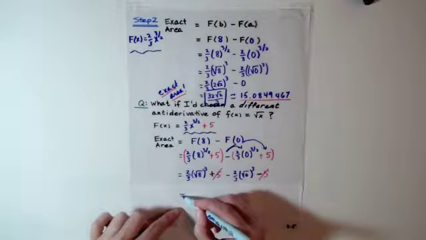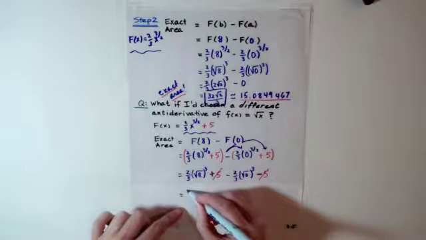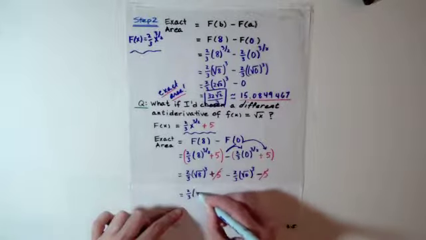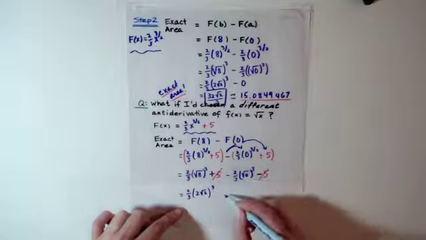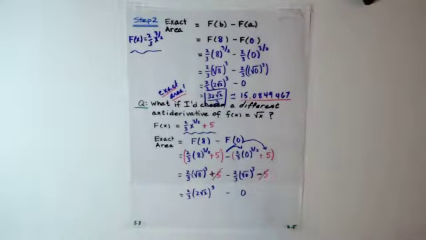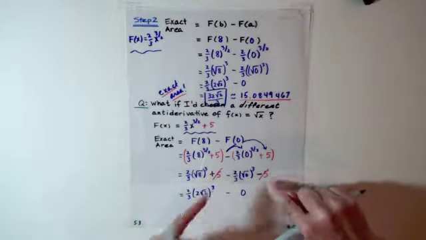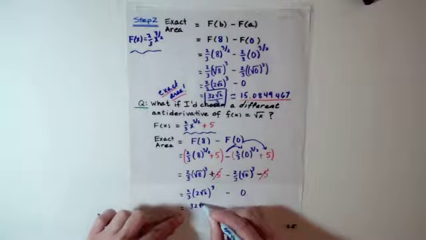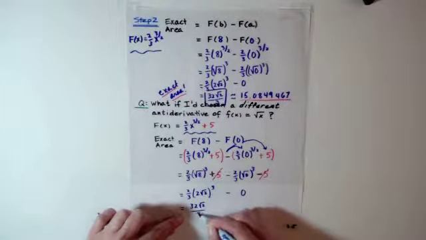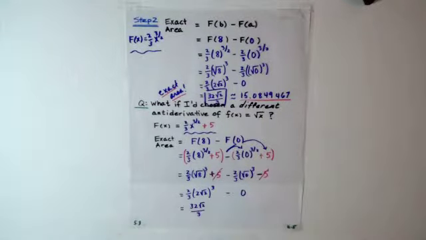And so I would end up with exactly the same thing that I had at this point, 2/3 times 2 root 2, the whole thing cubed, all of this minus 0. The integration constant has dropped out, and so I would end up with the same answer of 32 root 2 divided by 3 when I simplify that whole expression. So I get the same exact area.